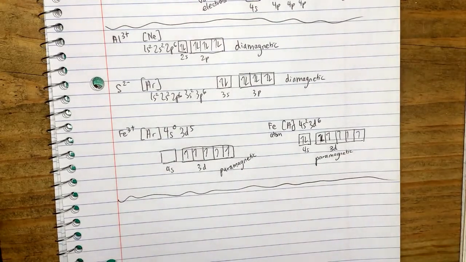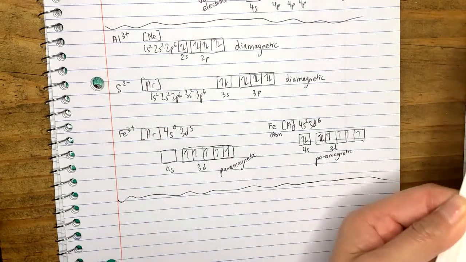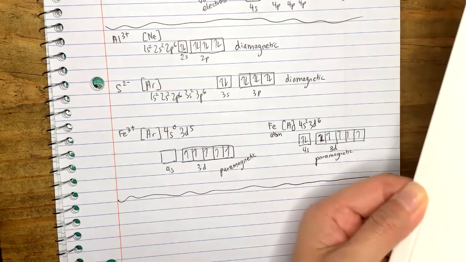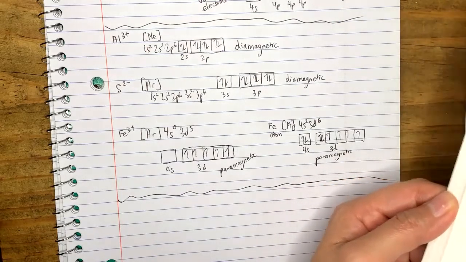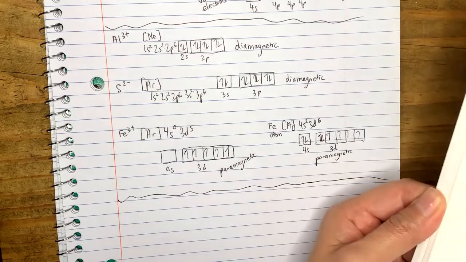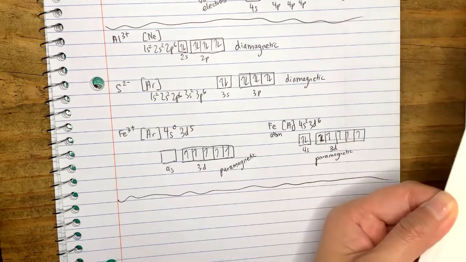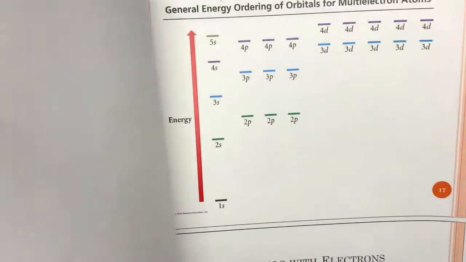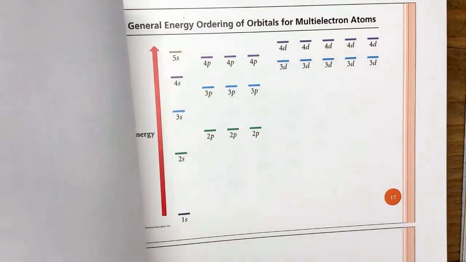Time to show you some pictures. Let's see what pictures we want to show you. Yeah, I already showed you this. This is slide number 17, the levels of it.